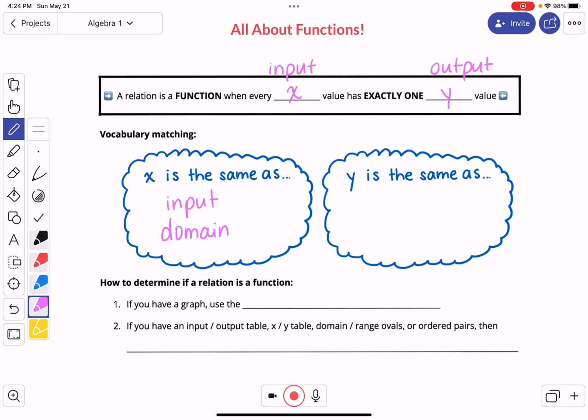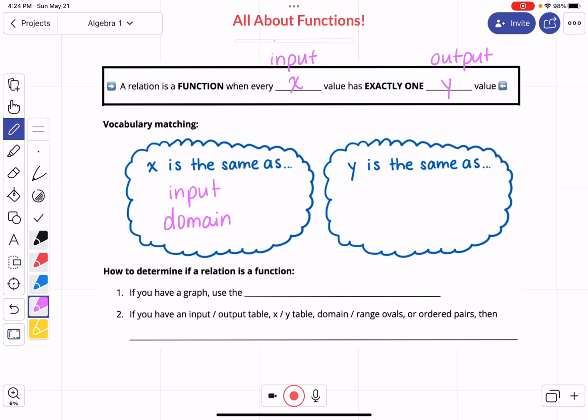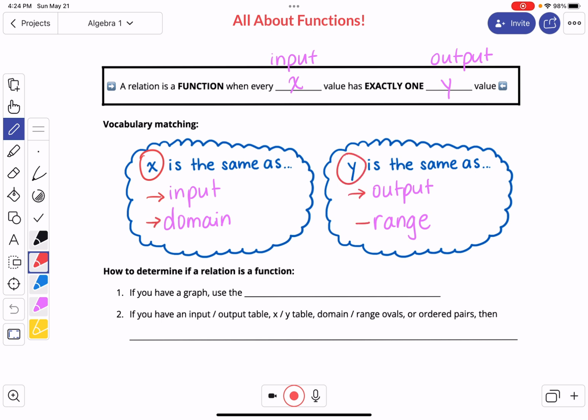And in this case, y is the same thing as output, as well as range. These are the main other words that you're going to see to all mean the same thing. So just remember that anytime that you see x, you're also talking about input, you're talking about domain. Anytime that you see y, you're talking about output, and you're talking about the range.